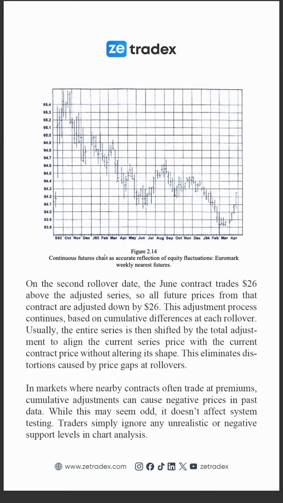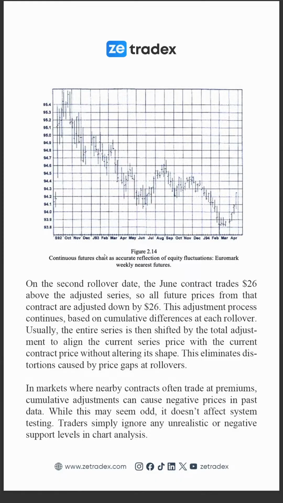On the second rollover date, the June contract trades $26 above the adjusted series, so all future prices from that contract are adjusted down by $26. This adjustment process continues based on cumulative differences at regular rollover points. Usually the entire series is then shifted by the total adjustment to align the current series price with the current contract price without altering its shape.